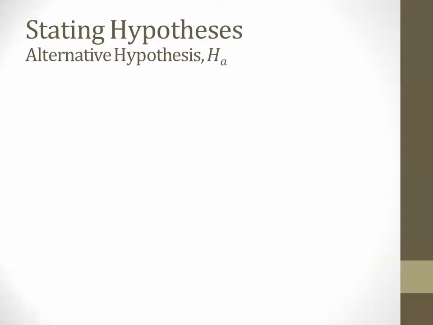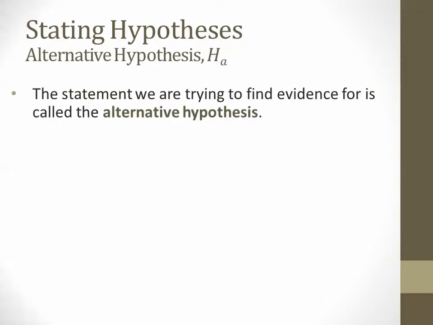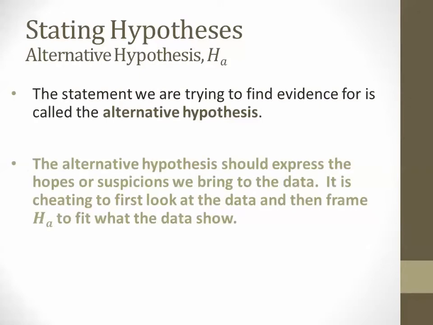The alternative hypothesis, H sub A, is a statement that we're trying to find evidence for, and it should express the hopes or suspicions that we bring to the data. Sometimes it's hopes, like a new drug is being developed and we want it to lower cholesterol levels in people, say, below 200.